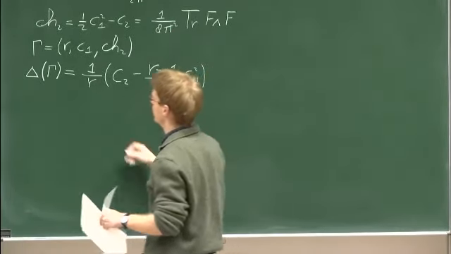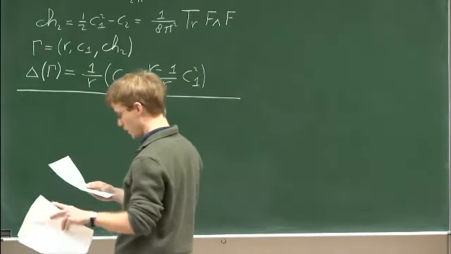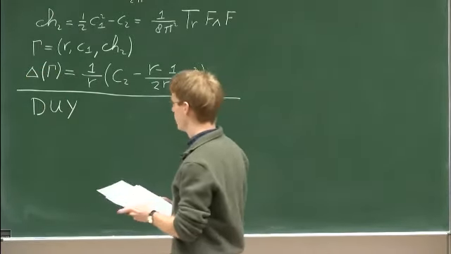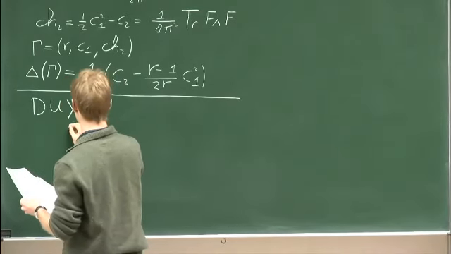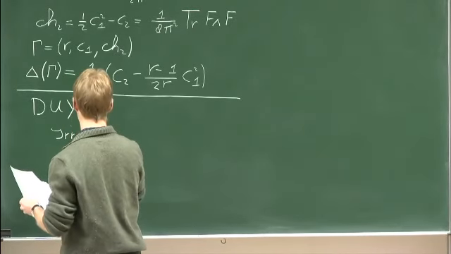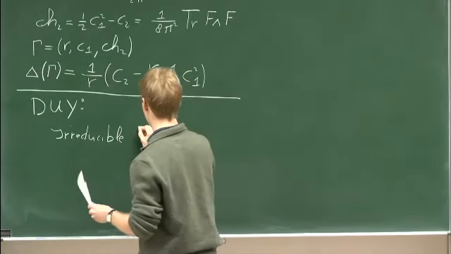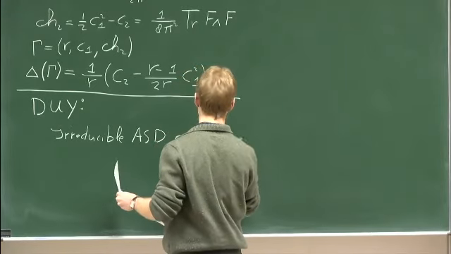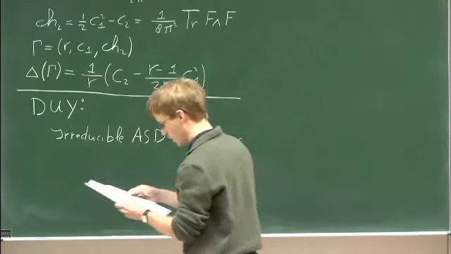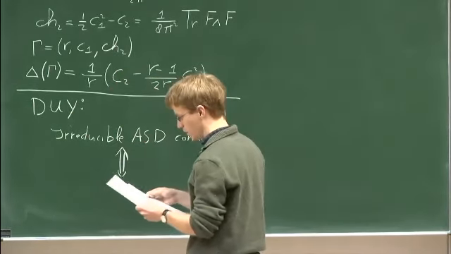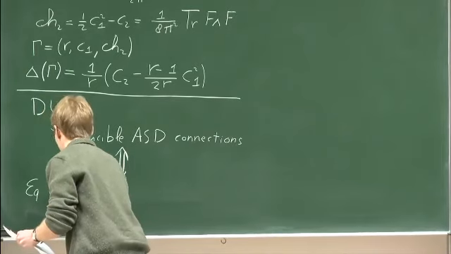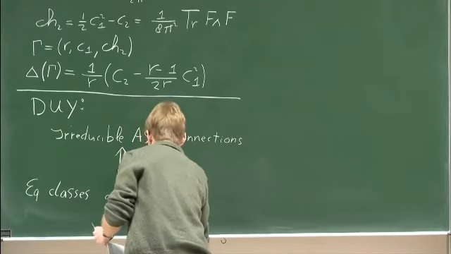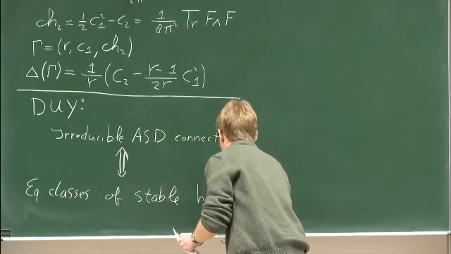The main theorem which relates the instantons to vector bundles is the so-called Donaldson-Uhlenbeck-Yau theorem, which states that irreducible anti-self-dual connections, so anti-self-dual is just F is minus star F, are in one-to-one correspondence with equivalence classes of stable holomorphic vector bundles.